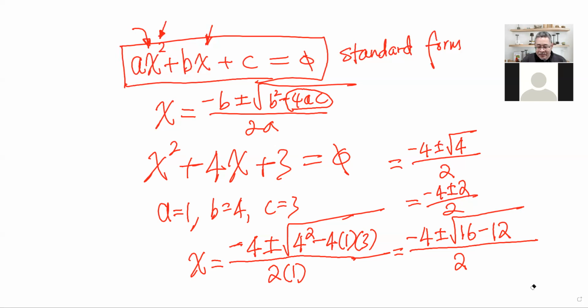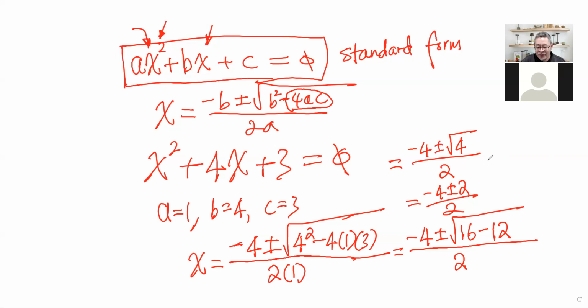Yeah, I think so. So that -4 plus minus 2 over 2 is your answer? Well, we're not finished yet. Remember we got two solutions. One is -4 plus 2, one is -4 minus 2.